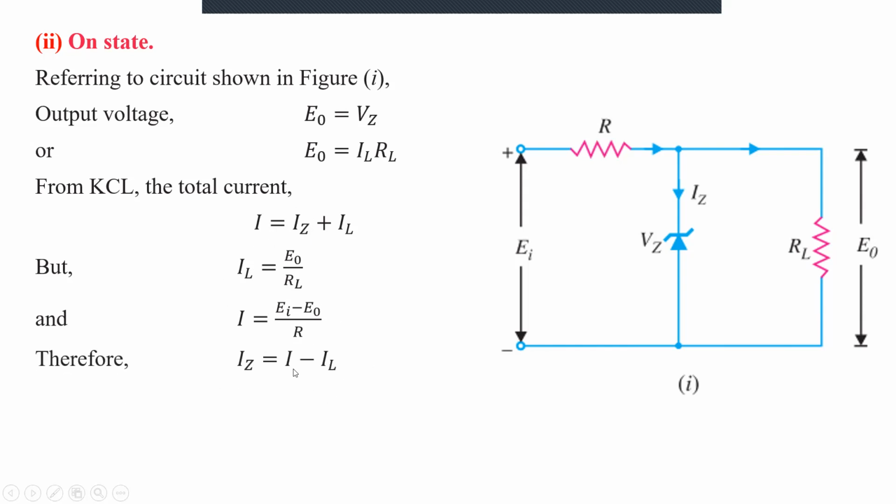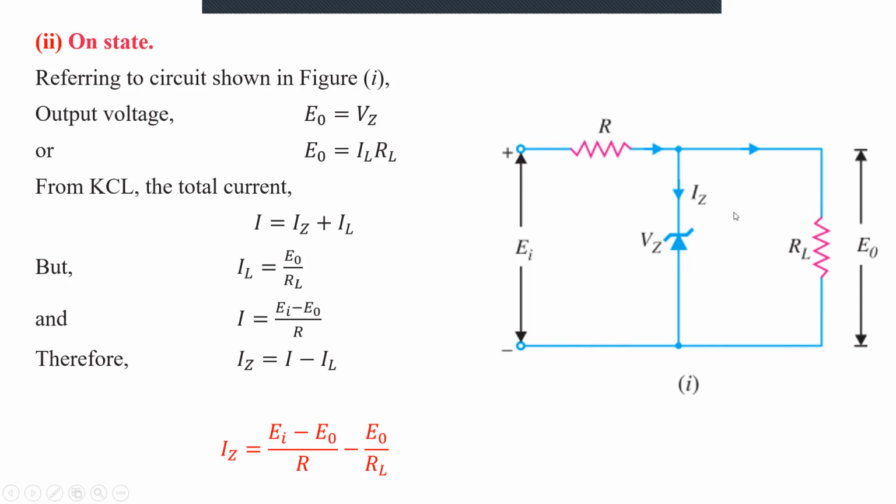IZ will be the total current minus the load current. Substituting for I and IL, you get the Zener current equal to EI minus E naught divided by R, minus the load current E naught by RL.